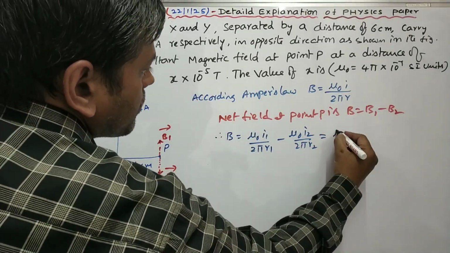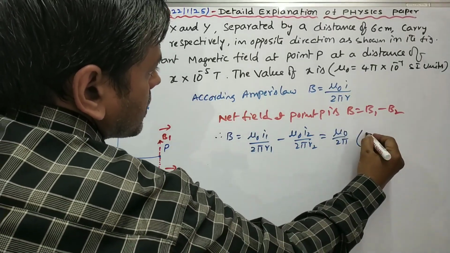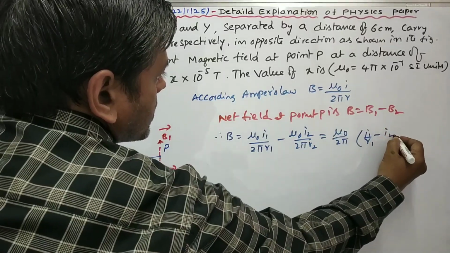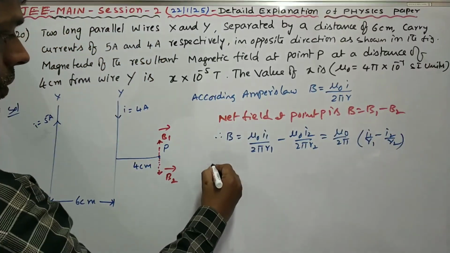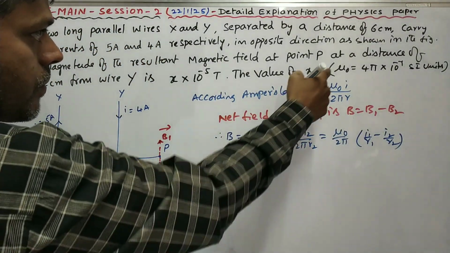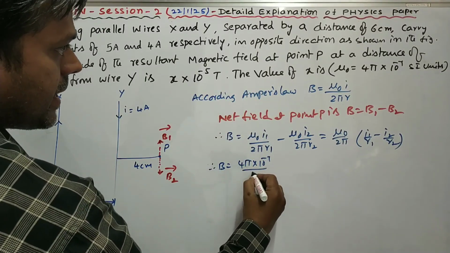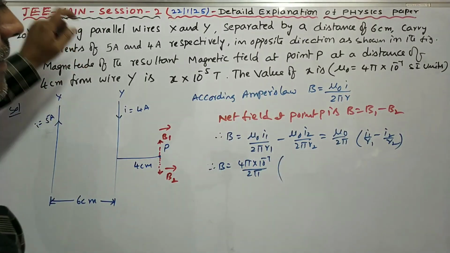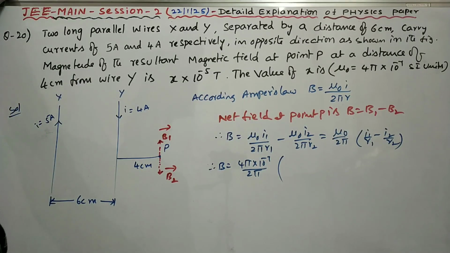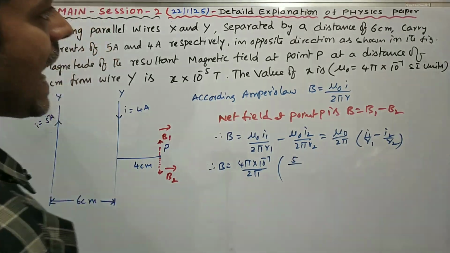From this I would like to take mu naught by 2 pi as common: I1 by r1 minus I2 by r2. Therefore B is equal to, mu naught is already given, 4 pi into 10 power minus 7 by 2 pi into I1. What is the current in the first wire X? 5 by r1.